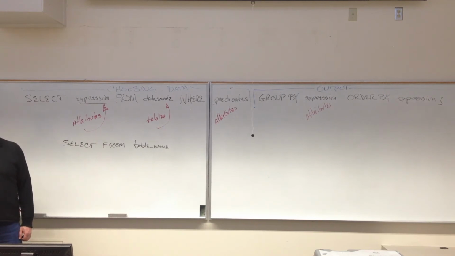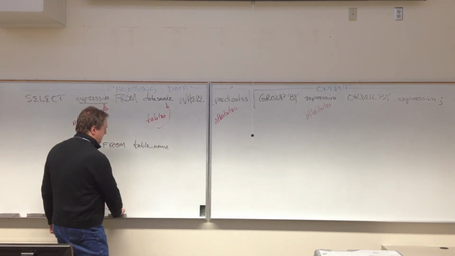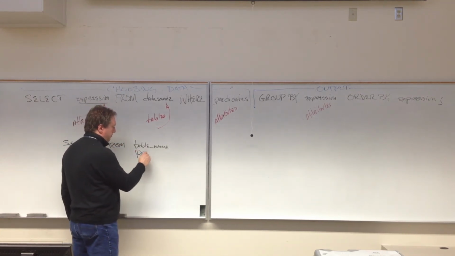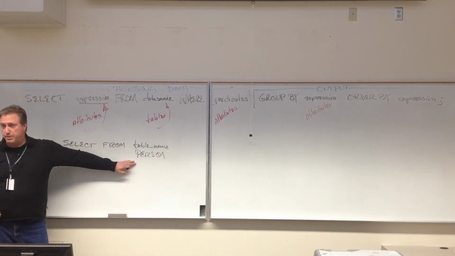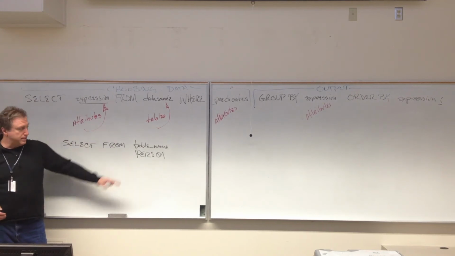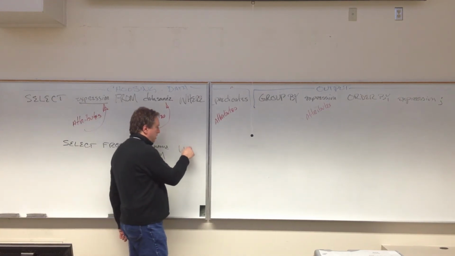Person. What's another one? Family. Company. So I'm going to say select from Person. Now here the table name is capitalized. That's our naming convention, right? So you have to name it with the right capitalization. Select from Person where.